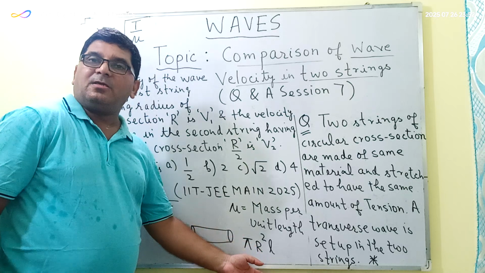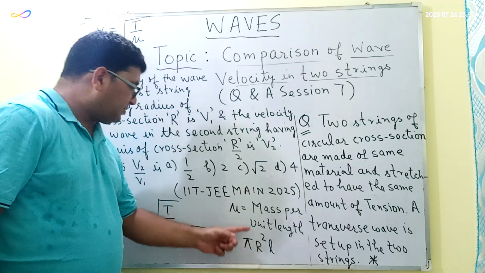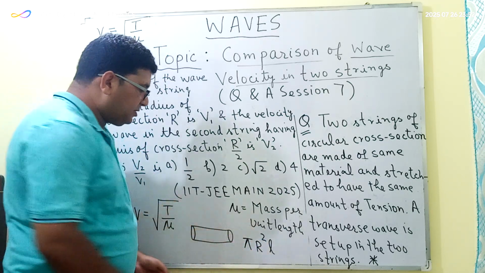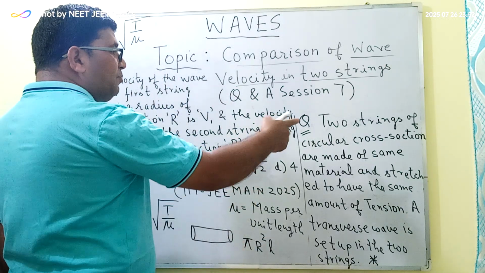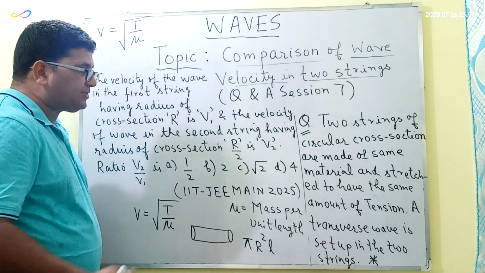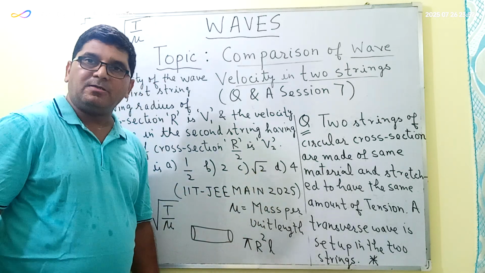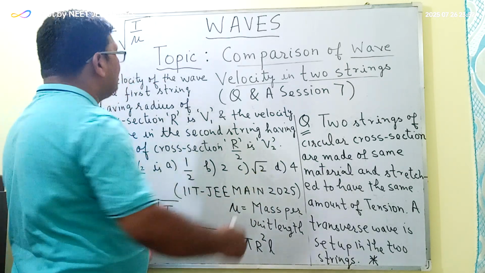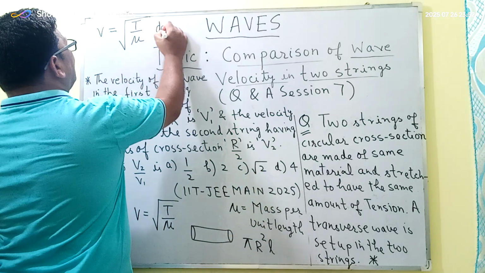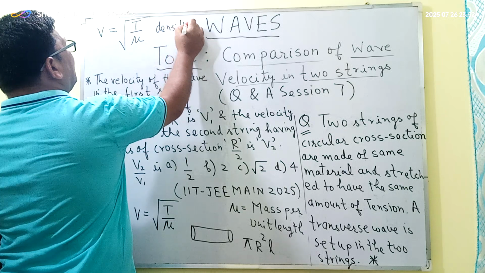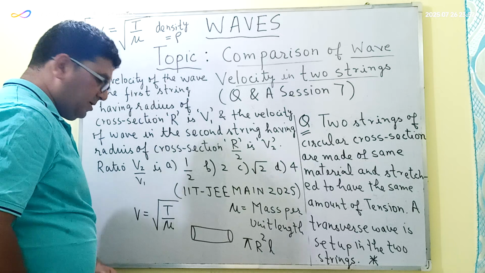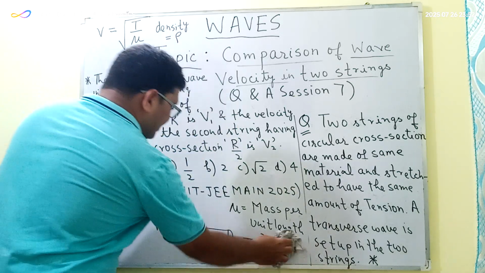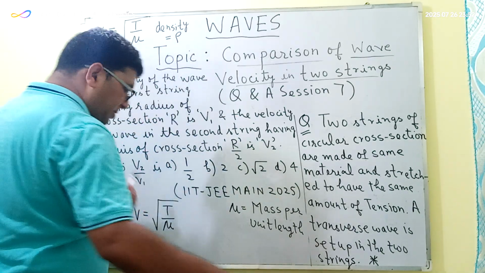So for the mass per unit length, the volume will be equal to pi r square. Now, since both the strings are made of the same material, their density will remain the same. So let us take the density of both the strings equal to rho.